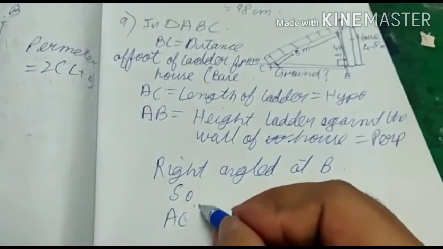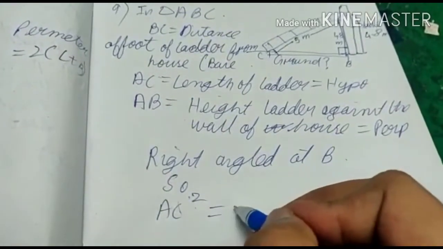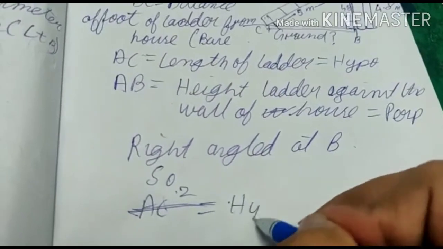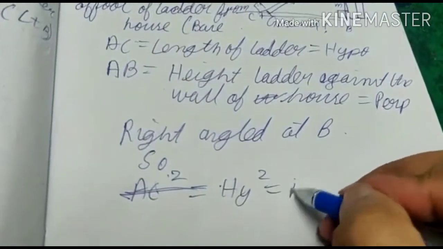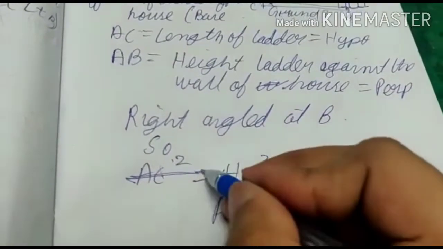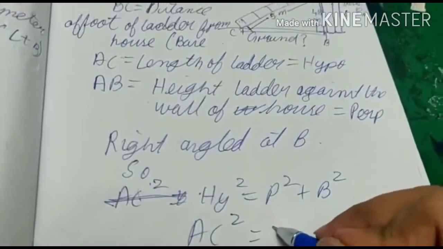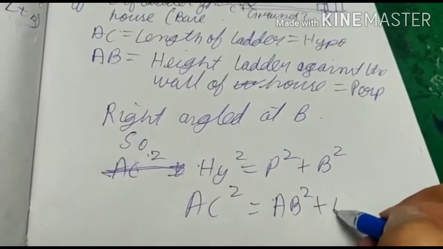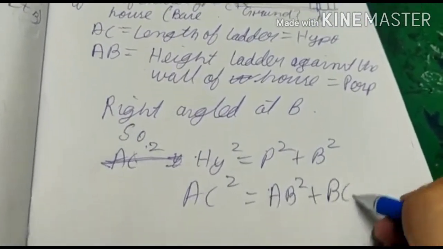So hypotenuse square equals perpendicular square plus base square. Here the hypotenuse is AC square, the perpendicular is AB square, and the base is BC square.